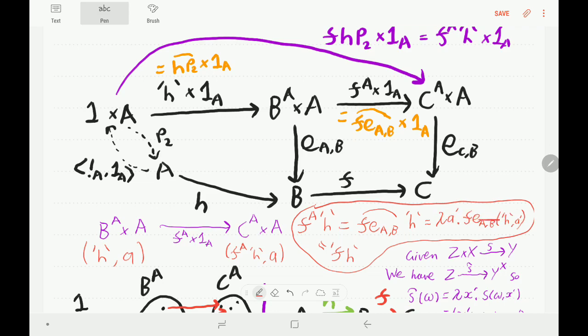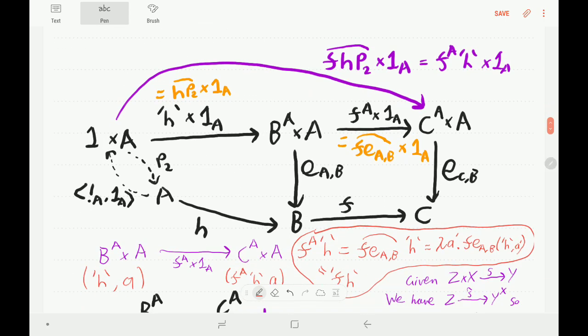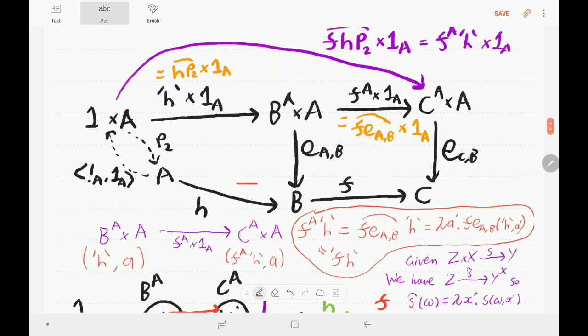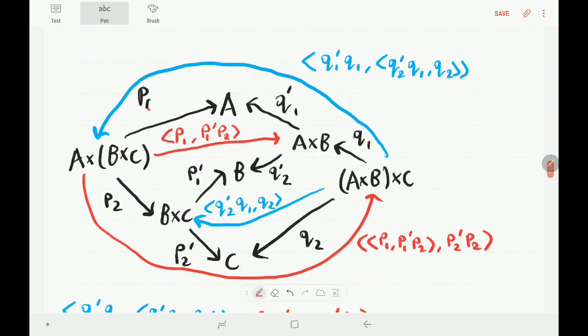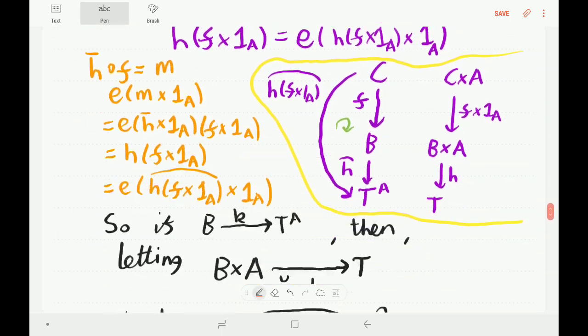But actually what we've done here is we're ready to do that, but we've wrapped this with a lambda. So we've really got, in quotes, FH, because it's ready to take in an A, and then it'll just do FH on it. But it'll be FHP2, because of this funny business about converting between 1 times A and A. So that's a bit of intuition about that.